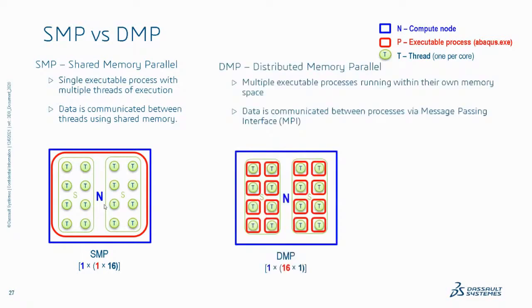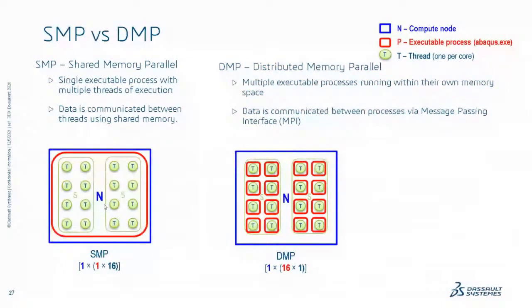Another mode is so-called distributed memory parallel. Here, we have multiple executable processes running within their own memory space, and data is communicated between processes via a message passing interface. In this example, on the same compute node, I have 16 instances of abaqus.exe running, each with 1 thread per process.